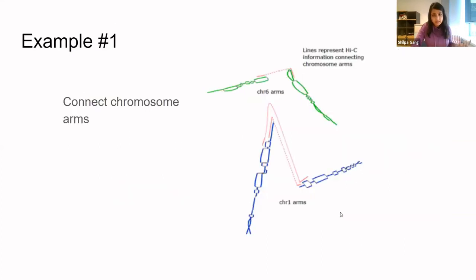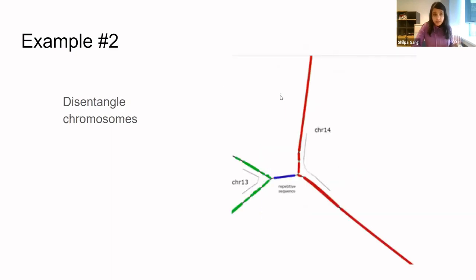So as I said, it has several advantages: Hi-C can give information on how the chromosome arms are connected to each other. For example, we could reliably connect the arms of chromosome 6, 1, and others. And also, Hi-C can help to disentangle the chromosomes.